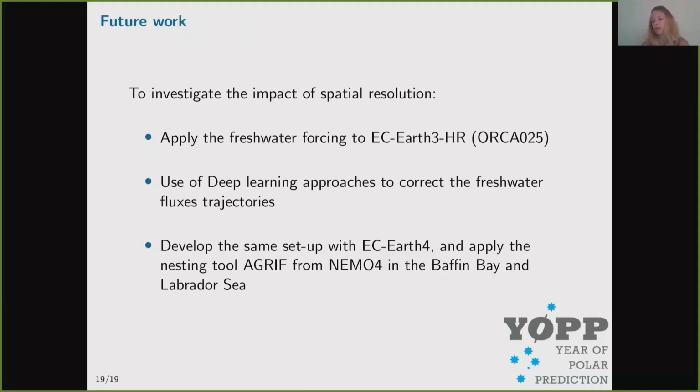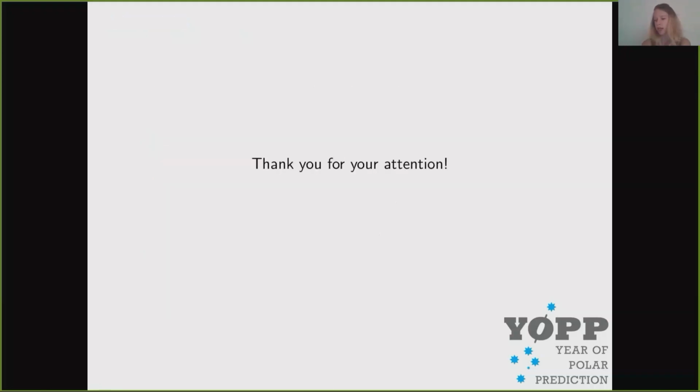We will apply the same setup to EC-Earth3 or EC-Earth4, which display a 1/4 degree resolution in the ocean, and we want to use a machine learning approach to correct the trajectory of the freshwater fluxes. We are also considering adding a refinement to the grid in key areas using the nesting tool Agrif with NEMO 4. I thank you for your attention, and I will be happy to answer any question.